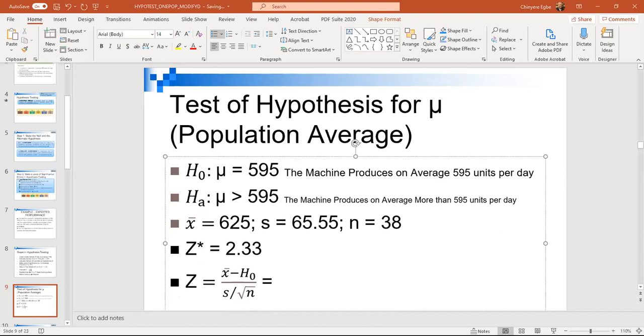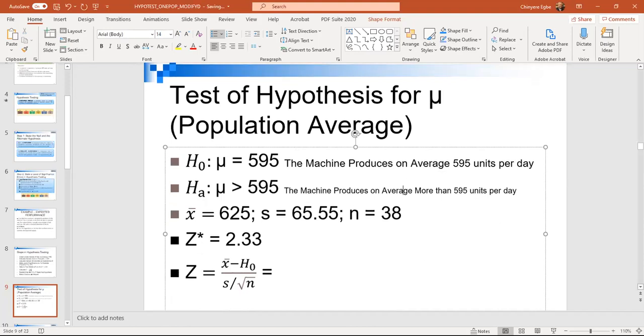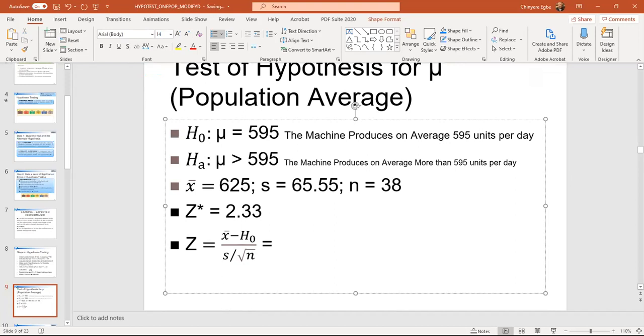So to test that hypothesis, we collected data, a sample of 38 days of data. And for those 38 days, we obtained a sample mean average output of 625 with a standard deviation of 65.55.